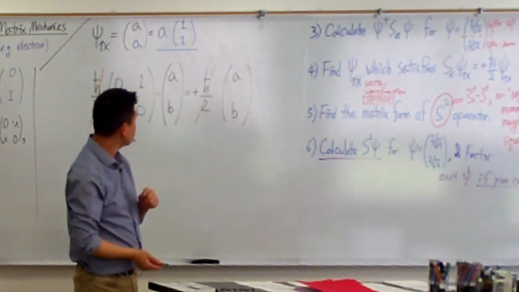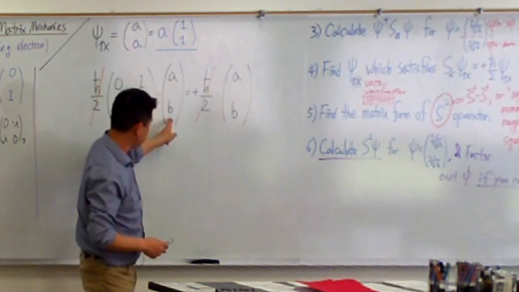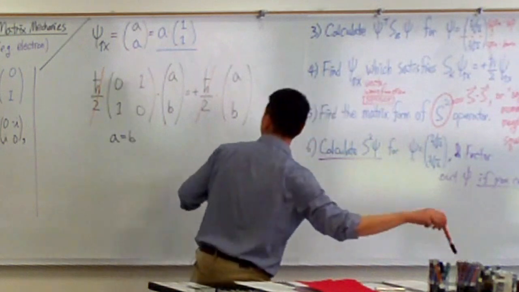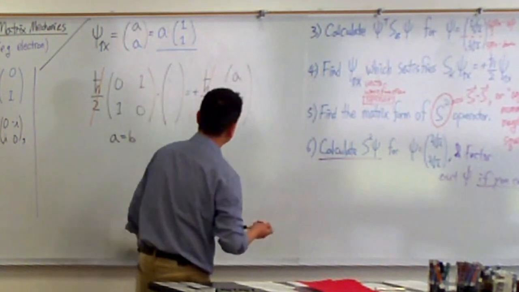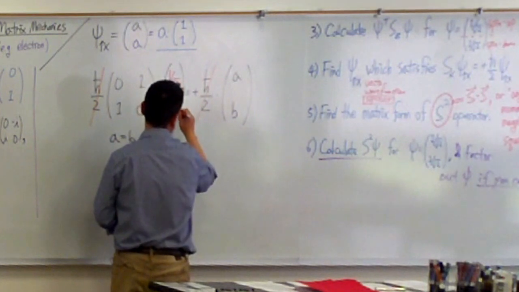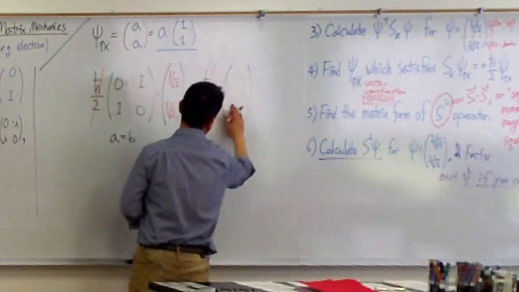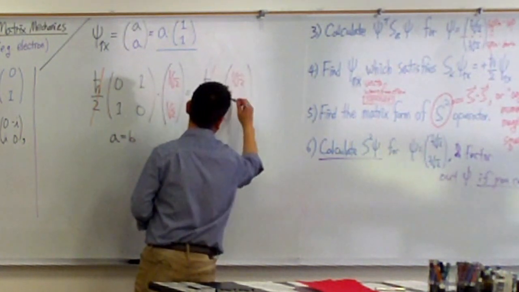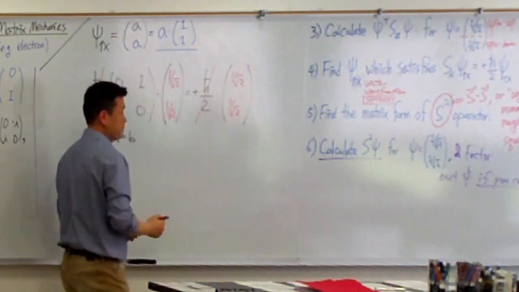Let me ask you this. If this A and B were like what you had in that vector, 1 over square root of 2, 1 over square root of 2, is this equation still satisfied? It is, right?